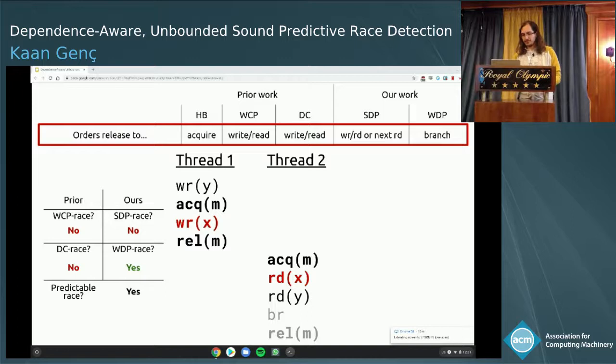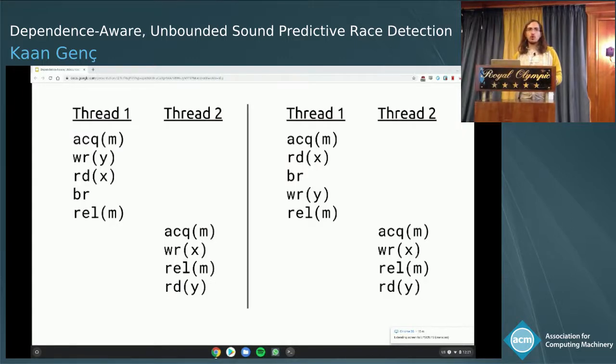Now, finally, I want to show you two very similar examples. The only difference between these two examples is the location of the write Y in relation to the branch. On the left, it's before the branch, and on the right, it's after the branch. That difference is actually very important.